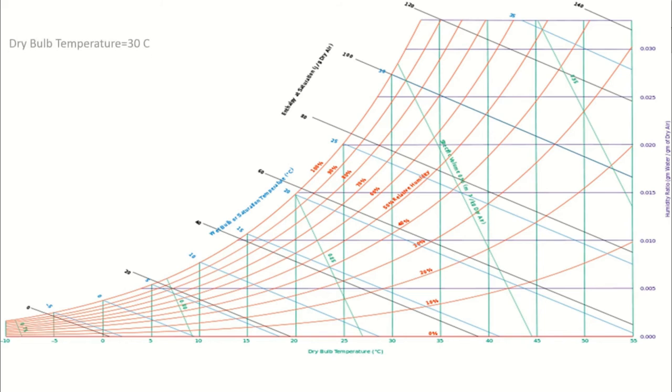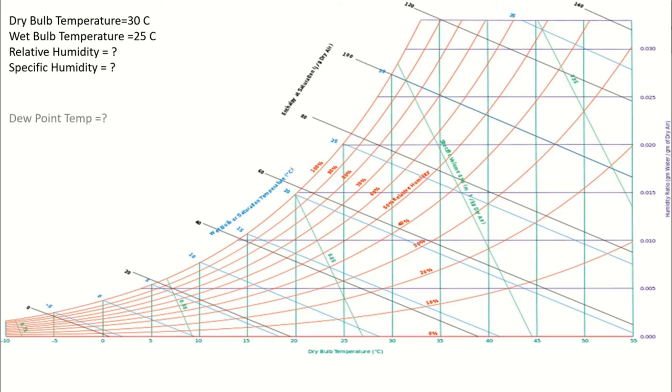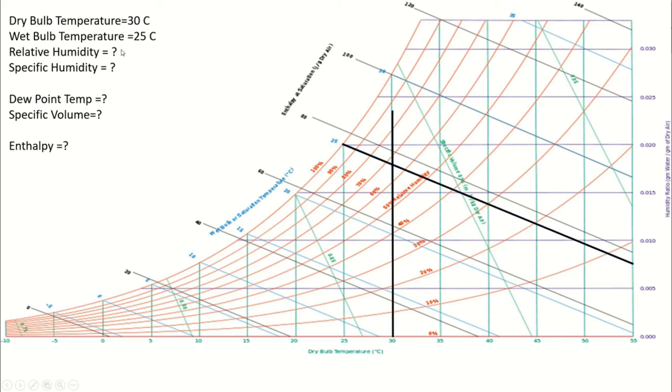How? For example, your dry bulb temperature is 30 degrees centigrade, your wet bulb temperature is 25 degrees centigrade, and you need to find relative humidity, specific humidity, dew point temperature, specific volume, and enthalpy. So what you have to do, first you need to draw your first given parameter and then the second given parameter.